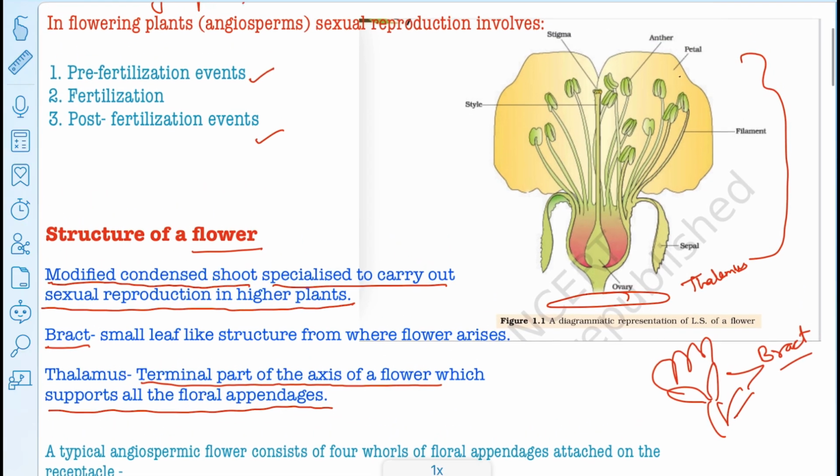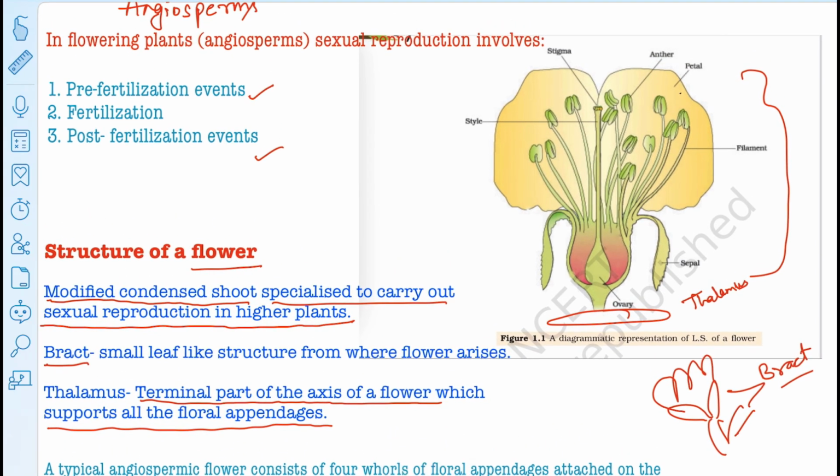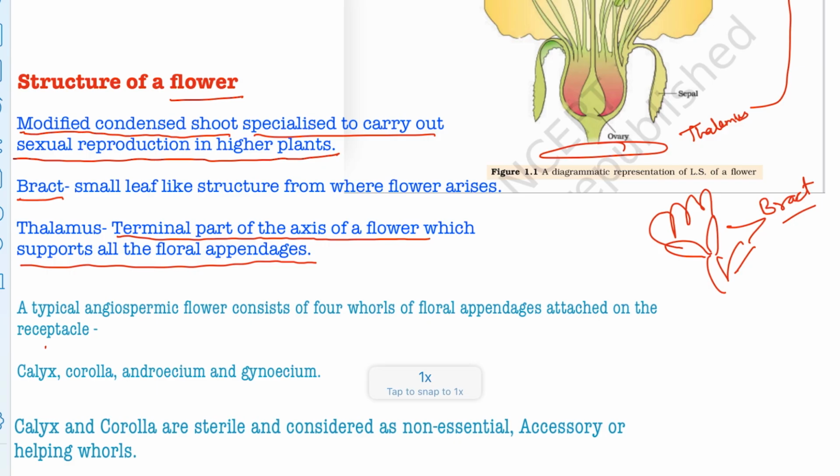A typical angiospermic flower consists of four whorls, and they all are attached to the receptacle. They are known as calyx, corolla, androecium and gynoecium. Of these, calyx and corolla are sterile. What is the meaning of sterile?